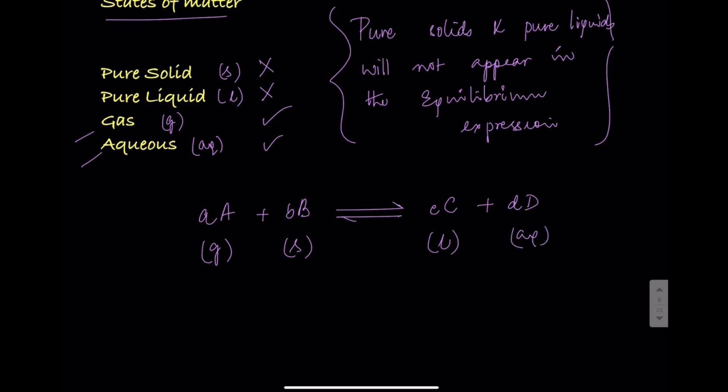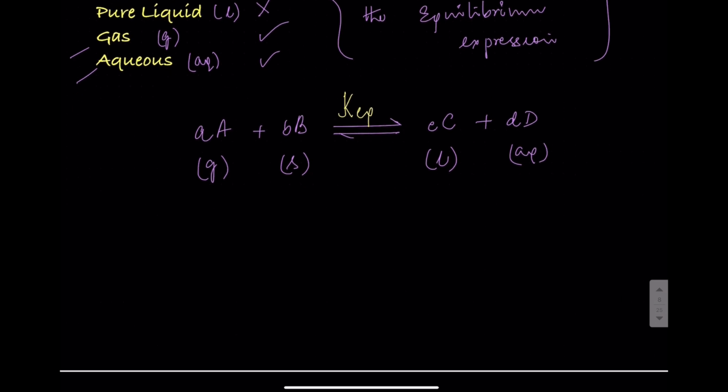And if you were to be asked to express the equilibrium constant for this reaction, the KEQ in this case will be, on the product side, we only have the D, so D to the power of d here, divided by, on the reactant side, we only have A, so A to the power of a. Neither B nor C will be considered because they are pure solid and liquid, respectively.